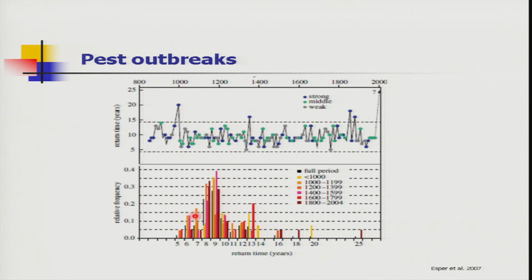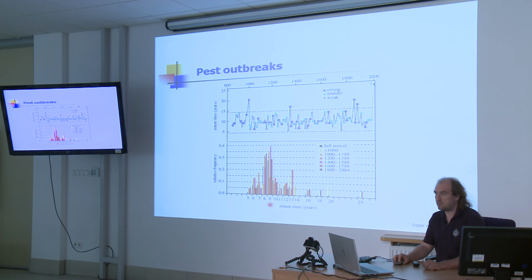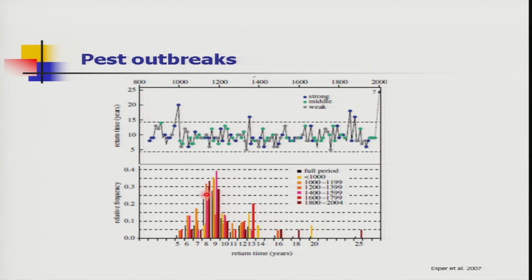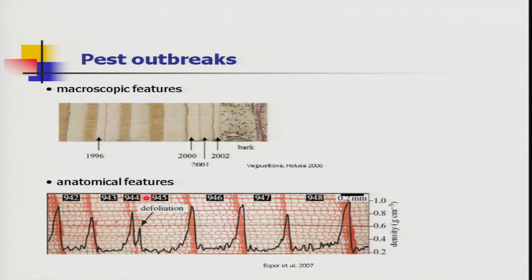And it turned out that budmoth outbreaks usually happen every 8 or every 9 years. So using this information that the interval between 2 consecutive outbreaks is 8 or 9 years, we could find that this peak of the density is an individual tree ring, an individual year, and not an intra-annual density fluctuation.